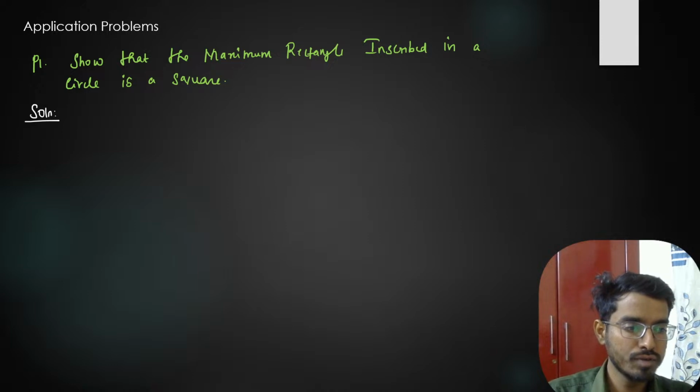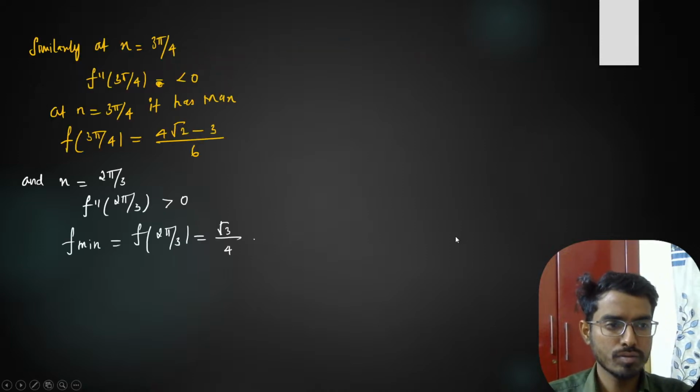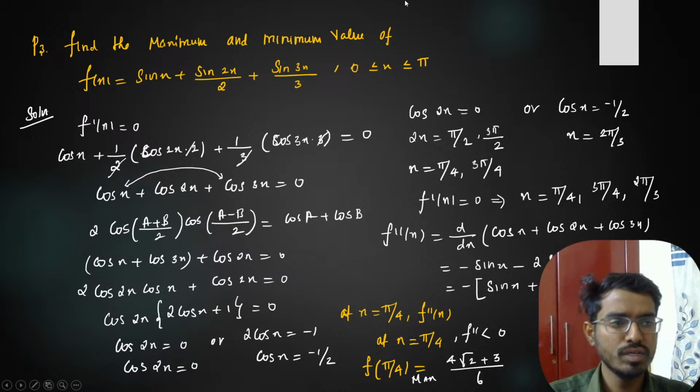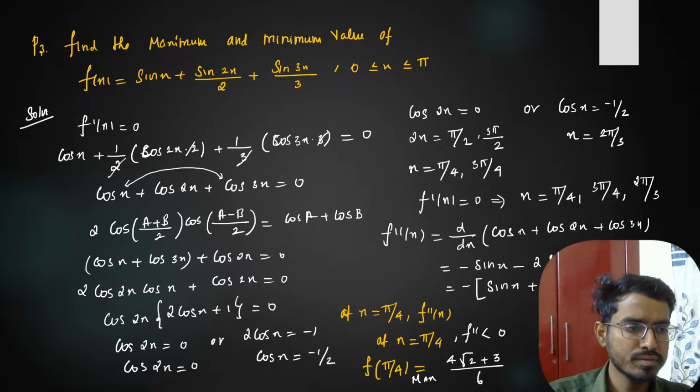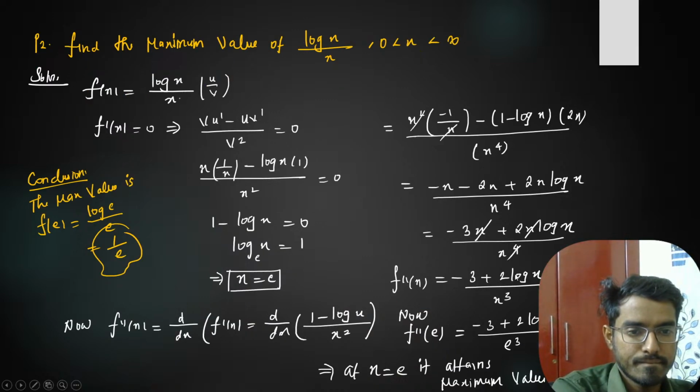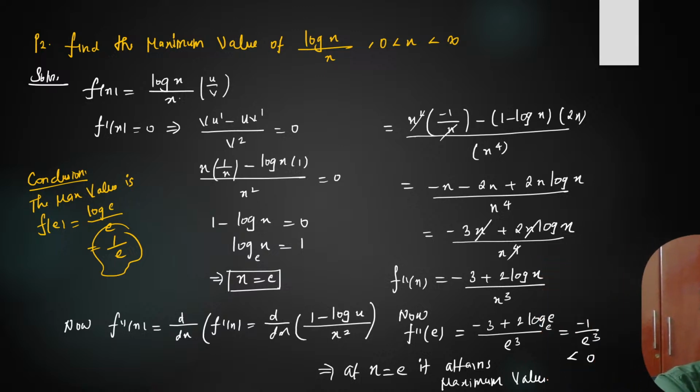Okay, so we'll start our first problem. And see in the corner slide. What's the issue in the corner slide? I'll just move this.